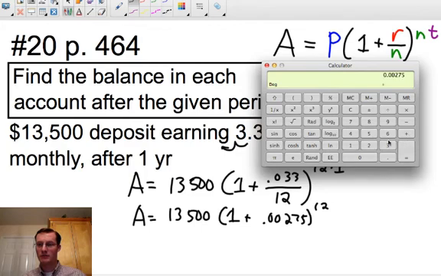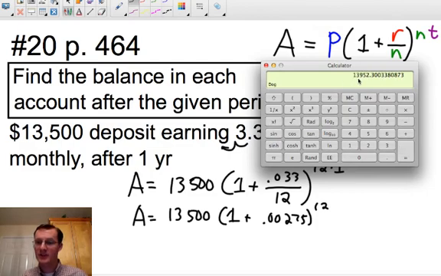All right. And this is going to be raised to the 12th power. And then times 13,500. So we have 13,952 and 30 cents.